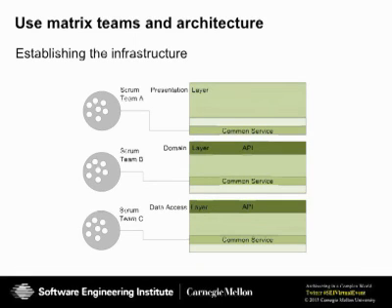And the last tactic that I'm going to focus on is using matrix teams and the architecture. If we look at the vanilla Scrum definitions, the Scrum teams are actually similar in their composition in terms of developers, testers, and architects working together. And if you're working in a multiple Scrum environment, we typically see the same composition repeated with different areas of the system.